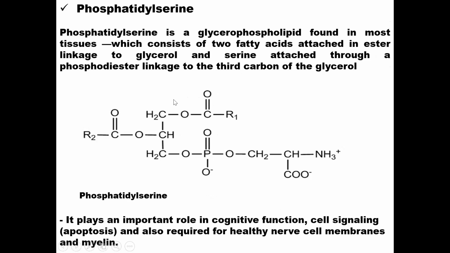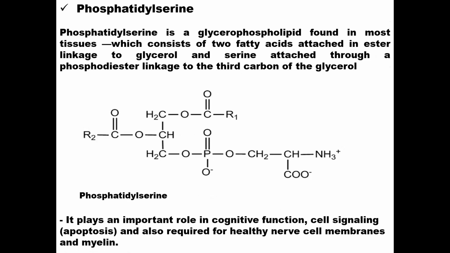So if you look at this, carbon 1 and carbon 2 have fatty acids attached in ester linkage, and the third carbon has serine attached in phosphodiester linkage. This is the structure of phosphatidylserine, and it plays an important role in cognitive function and in cell signaling, especially in apoptosis.